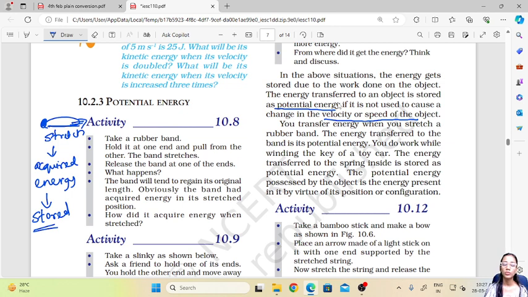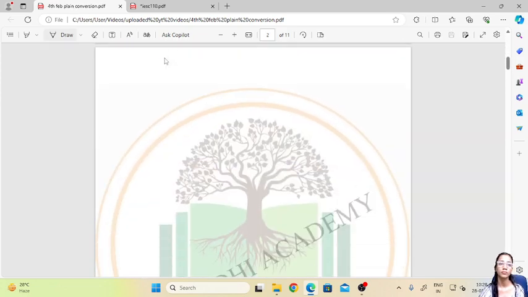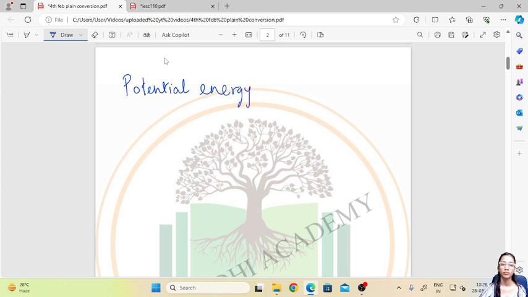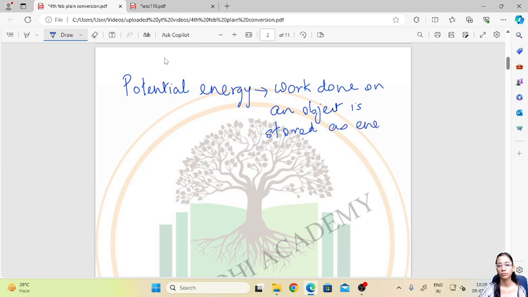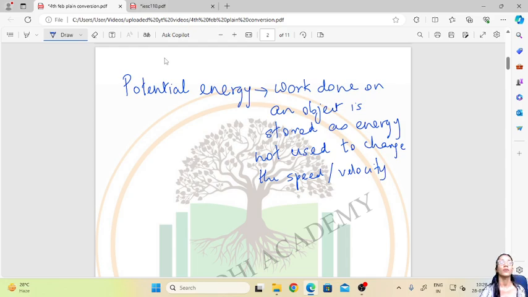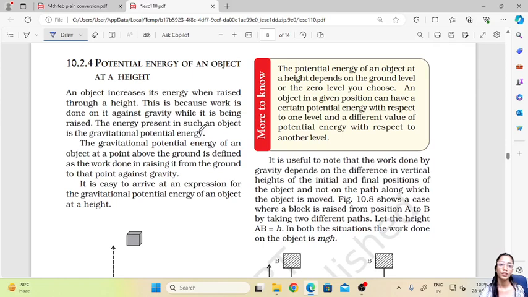The type of energy in which work is done to store the energy, and it is not used to change the speed or velocity of the object, is called potential energy. So this is one definition of potential energy.